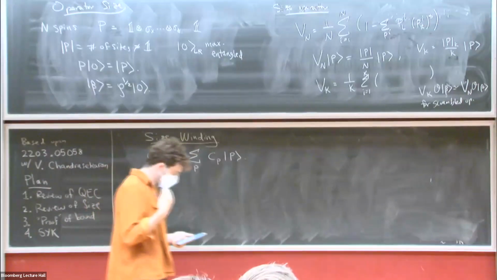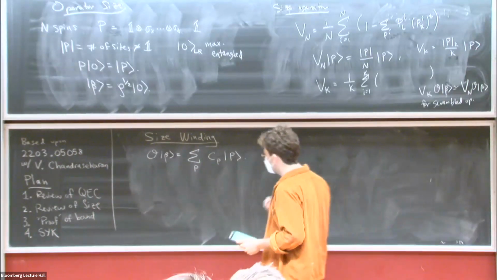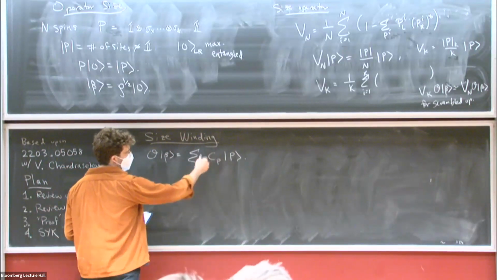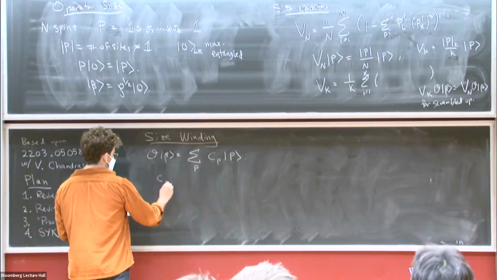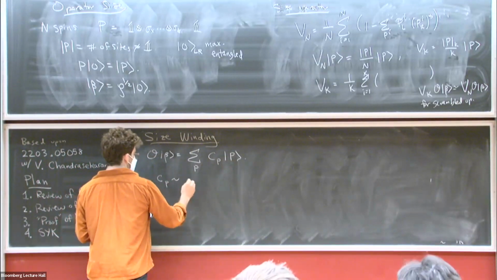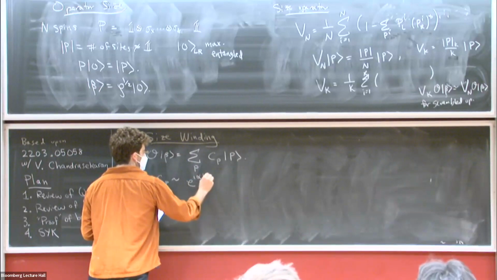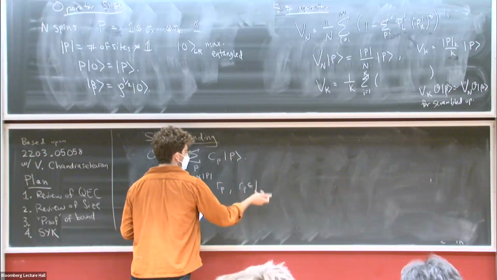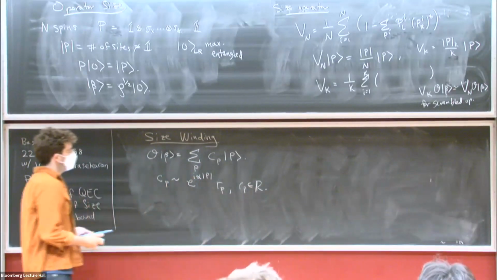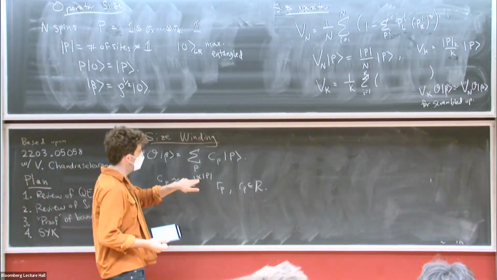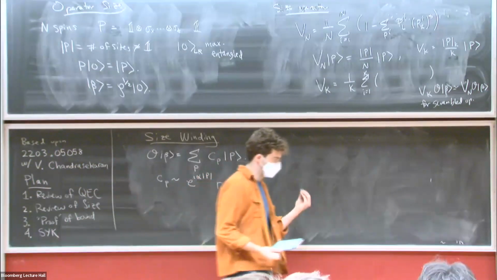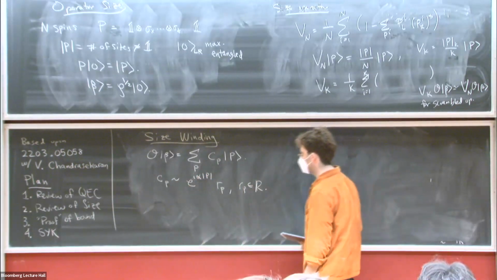There was a special property that certain systems like SYK obeyed, which is that these coefficients, which are like the operator wave function, had a phase which was linear in the size of the operator. This alpha here is independent of the individual microscopic operator. It's just a constant.